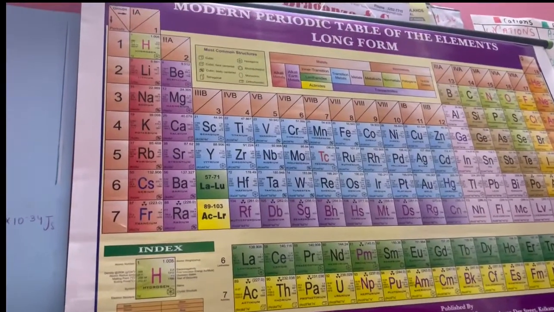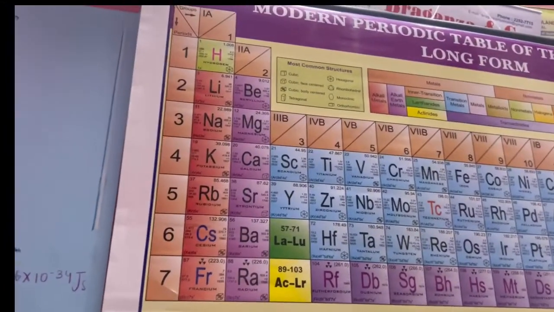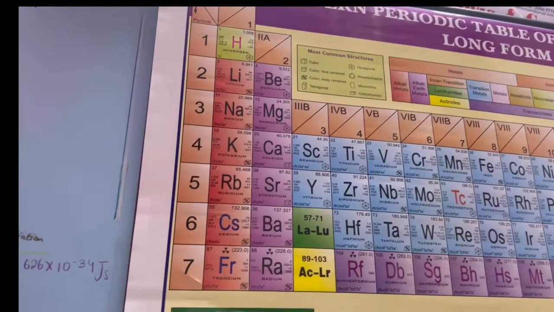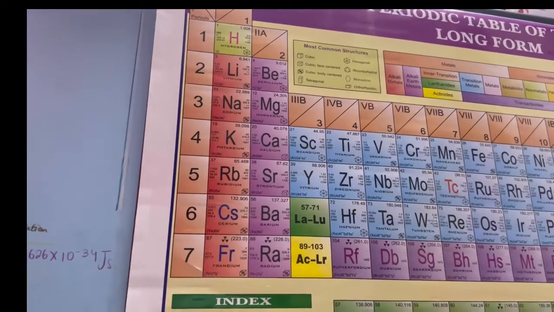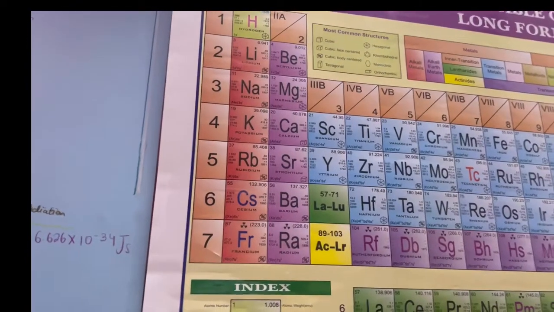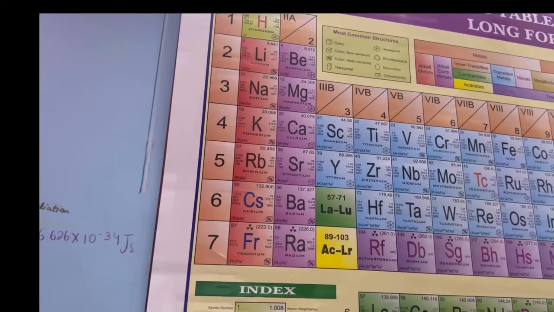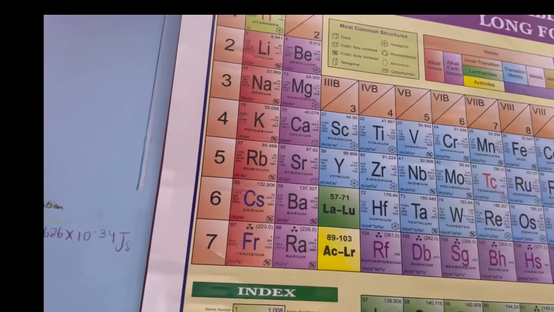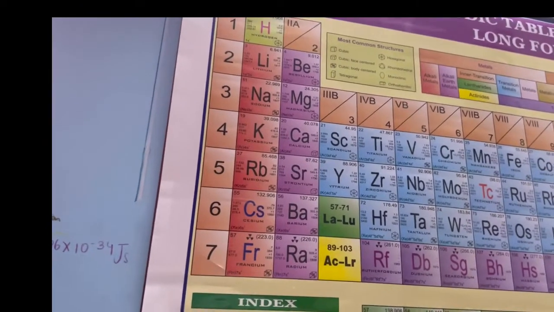If you see in group 1, except hydrogen, which is an exceptional case, all are metals: lithium, sodium, potassium, rubidium, cesium. These are all metals with valency 1. And why are they metals? Because they are ready to lose electrons.